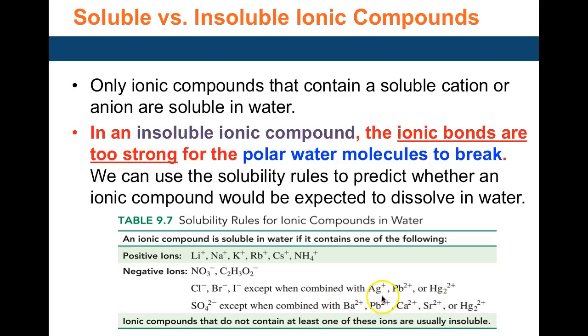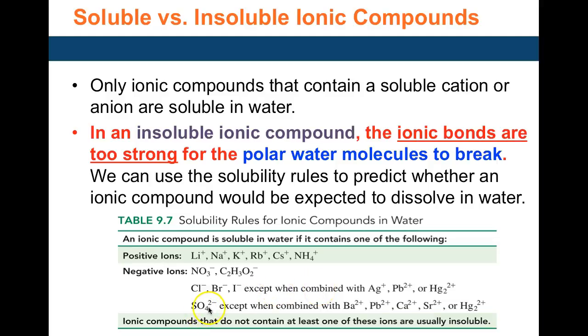All right. So silver chloride, silver bromide, silver iodide, lead 2 chloride, lead 2 bromide, lead 2 iodide, mercury 2 chloride, mercury 2 bromide, and mercury 2 iodide are insoluble. Okay.